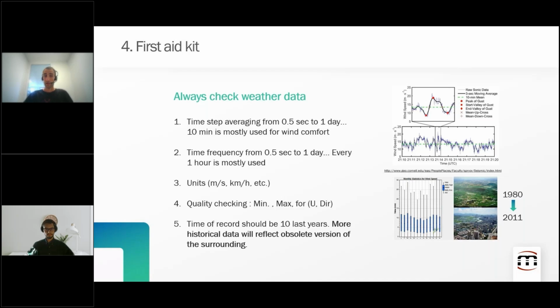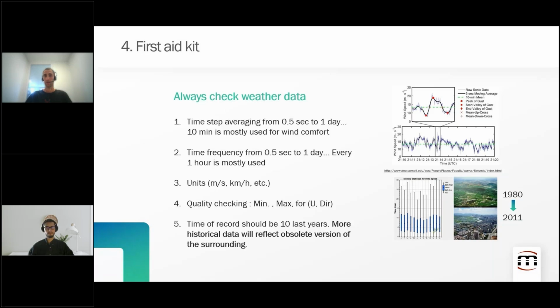The next question is what the frequency will be. You have different frequencies. It can range from 0.5 seconds to 1 record per day. But what we usually use is hourly data. So every 1 hour we have a data point which has been averaged over the last 10 minutes.